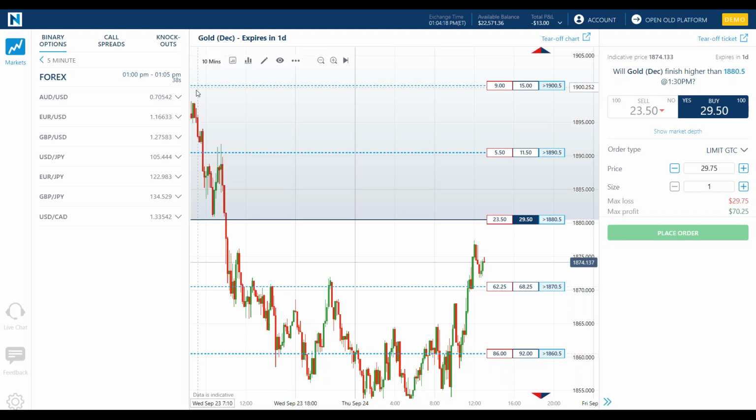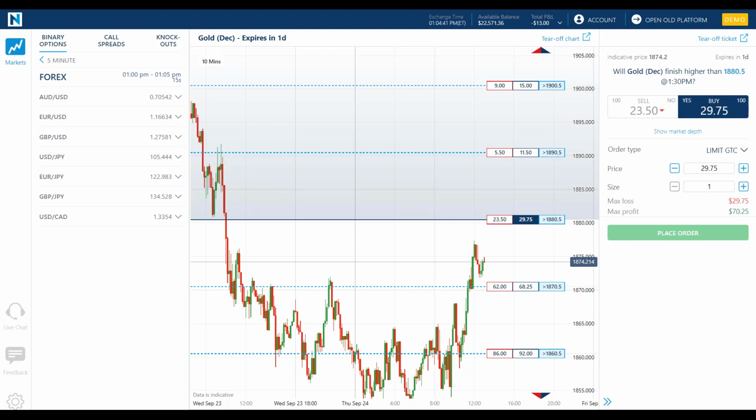And actually, I can see that this set of binaries is going to settle in exactly 30 seconds. And so what I want to do actually is I want to start with one of these at the 5-minute mark. And the reason I want to do this is you will see how the probabilities of these change very rapidly.